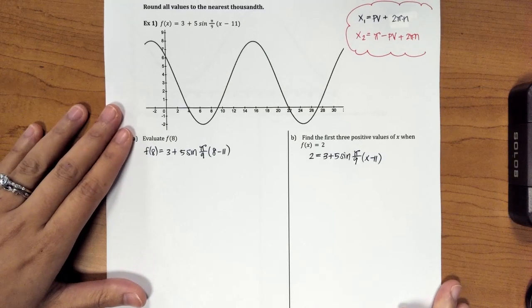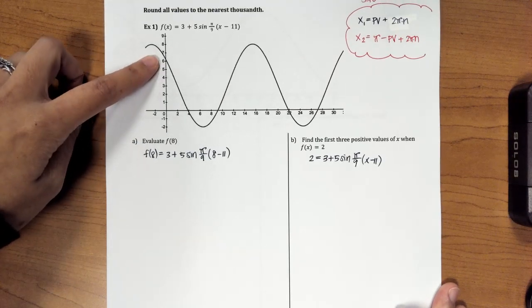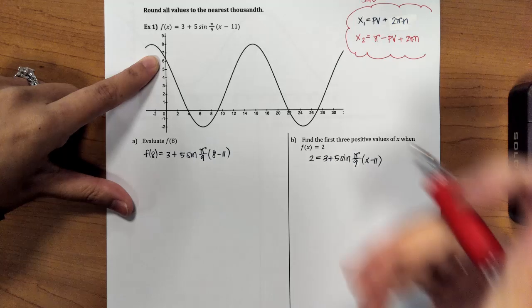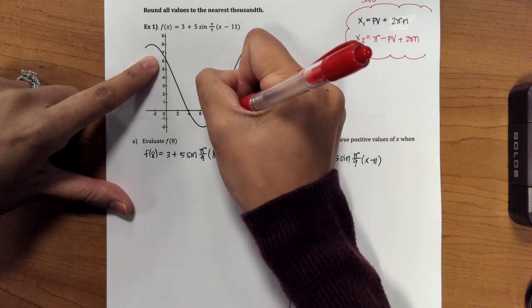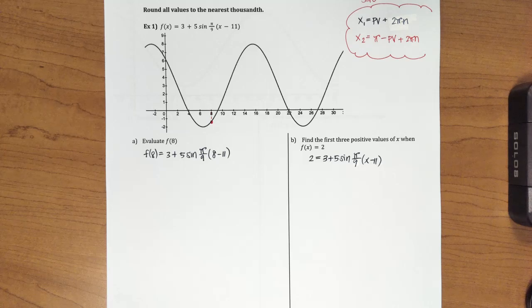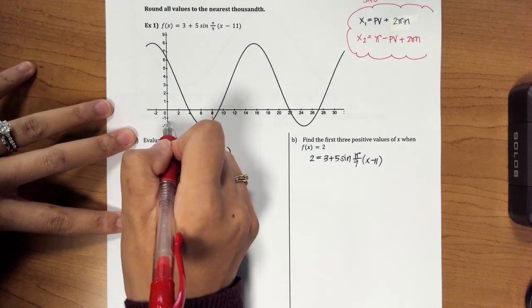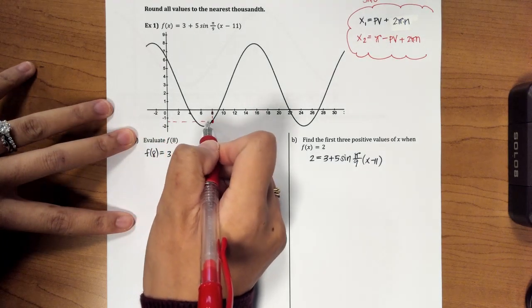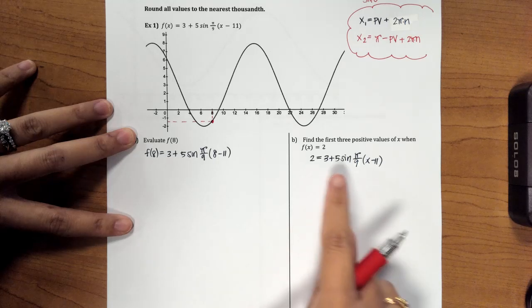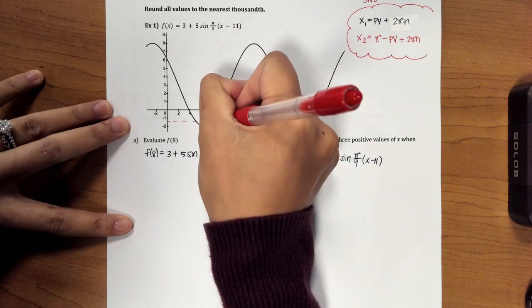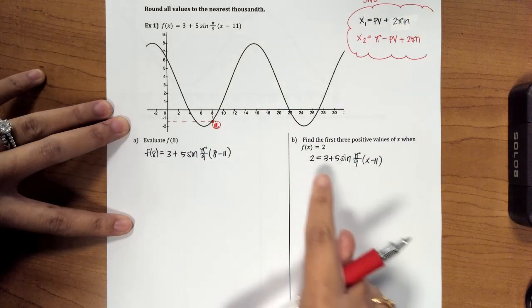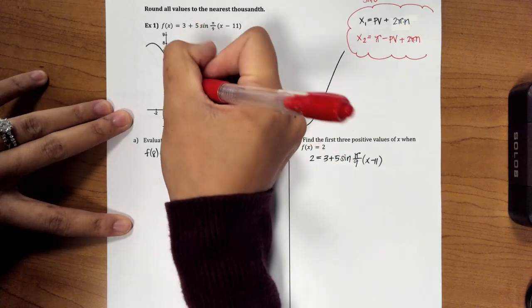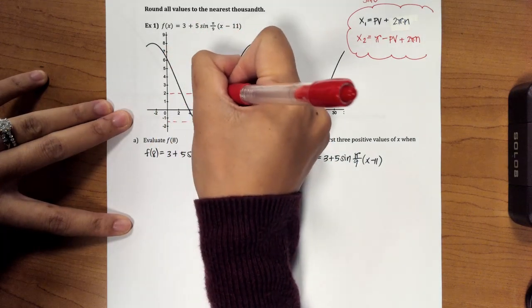Okay. So let's take a moment and actually draw this onto our graph, each of our points, just to see where we're going to land. F of 8 is going to be a negative number if I do this right. It's going to be somewhere down here between 1 and 2. And then that's my point A. B is going to be where it equals 2, so it's going to be perfectly right here.